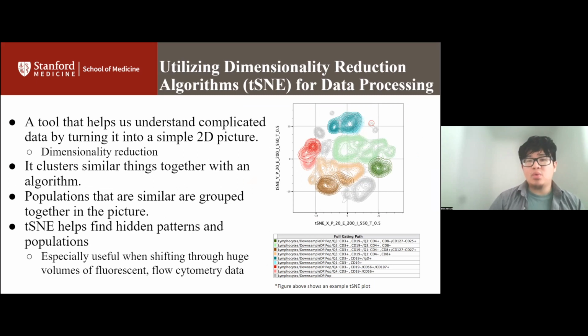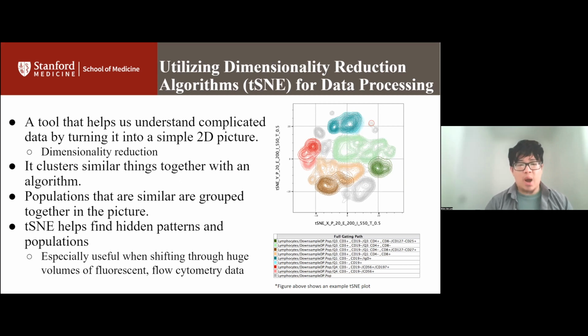So we really want to utilize so-called dimensionality reduction algorithms, known as t-SNE algorithms. Essentially, these algorithms cluster the cells based off similar fluorescent activity on this arbitrarily defined plot shown on the right.